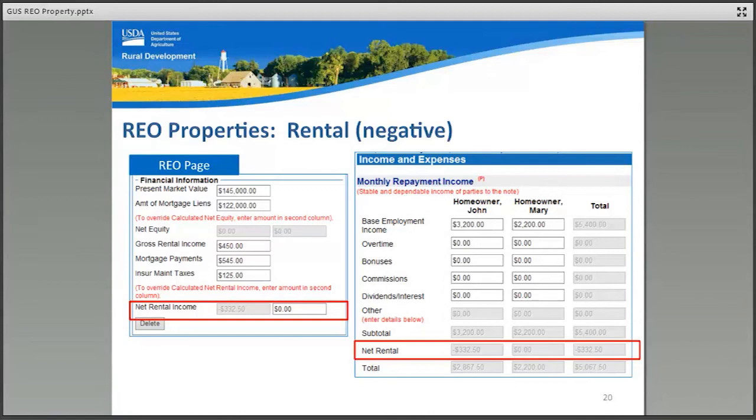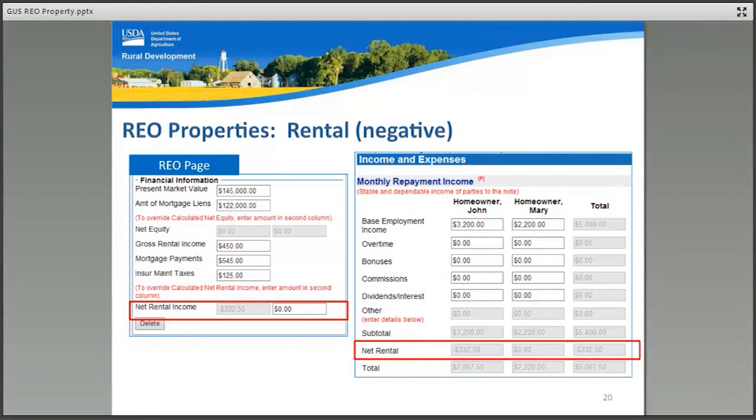In this example, the net rental income calculated on the REO Properties application page was a negative $332.50. The user did not enter an alternative amount in the second data field for GUS to consider for the application. GUS will automatically reflect this negative amount in the net rental data field on the income and expenses application page.